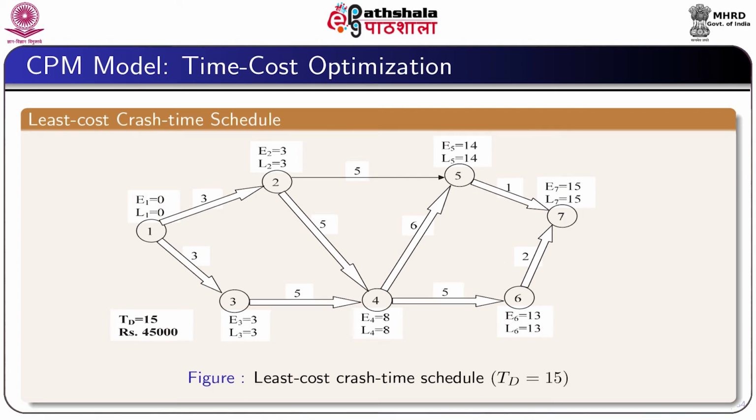This figure shows the least cost crash time schedule, which is of duration 15 weeks and the total cost is 45,000.